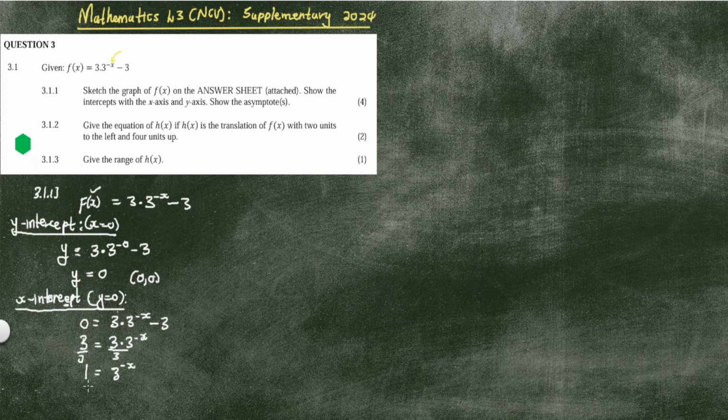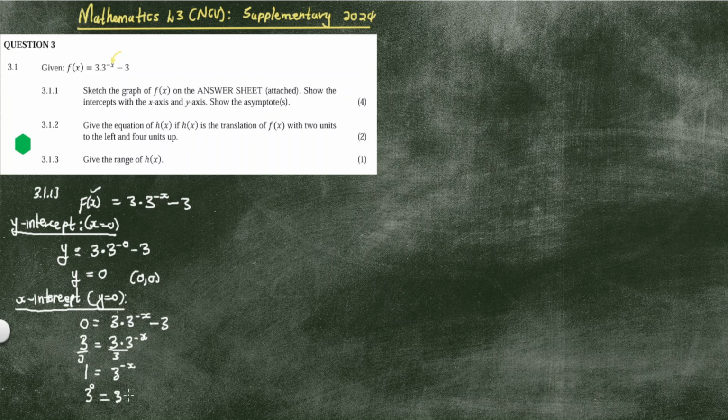I'm at a point where I have an exponential equation. I need to get this equation to a one-to-one ratio, meaning I will have to make the bases the same on each side of the equation. So how do I make 1 have the same base as the right hand side?